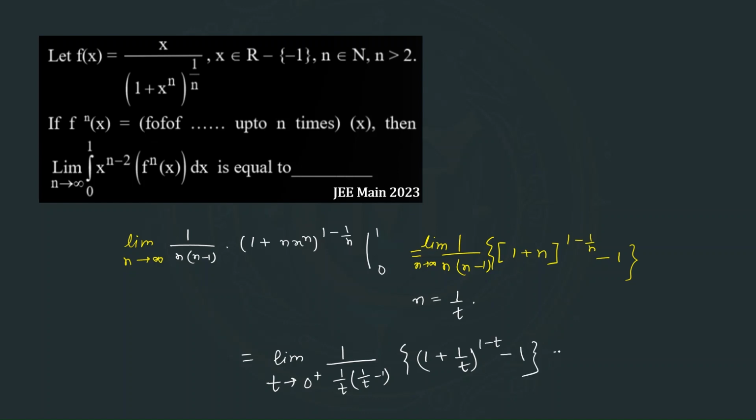Now this thing you can write as limit t tends to 0 positive, then t square divided by (1 minus t) times this inside this bracket. So now we can easily evaluate this limit because it is equal to 1. So the limit will become limit t tending to 0 positive, then t square, then (1 plus 1 by t) whole to the power 1 minus t, minus 1.